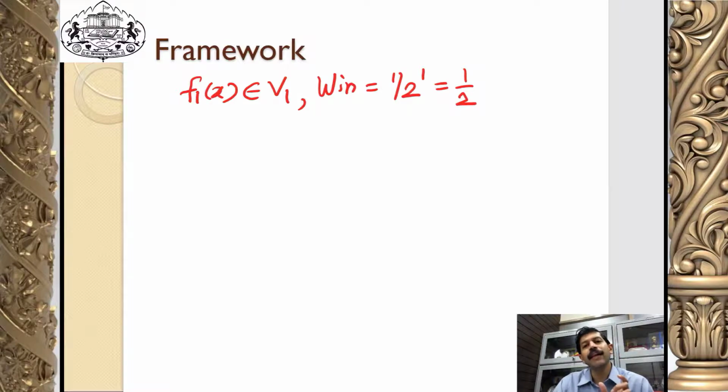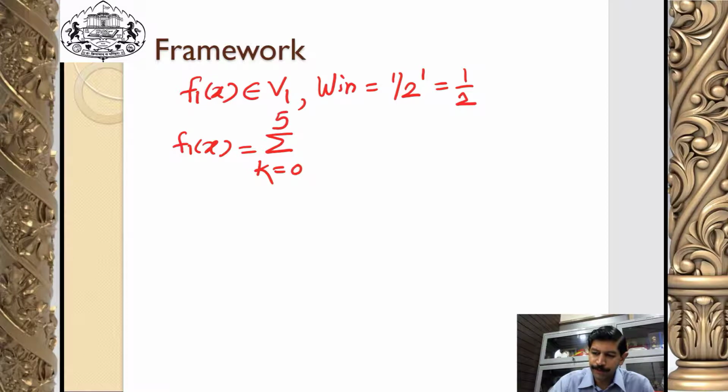Now since our signal lasts from 0 to 3, and the window of operation is half, I will require 6 such windows to span the complete span from 0 to 3. So how many k values do we need? 0 to 5. So I can write down now that f1 of x will be equal to summation over all the k values running from 0 to 5 alpha 1 k, because j is 1, and 2 raised to j by 2.